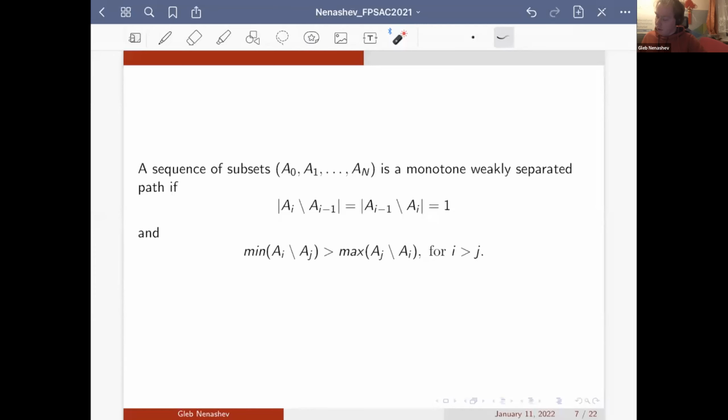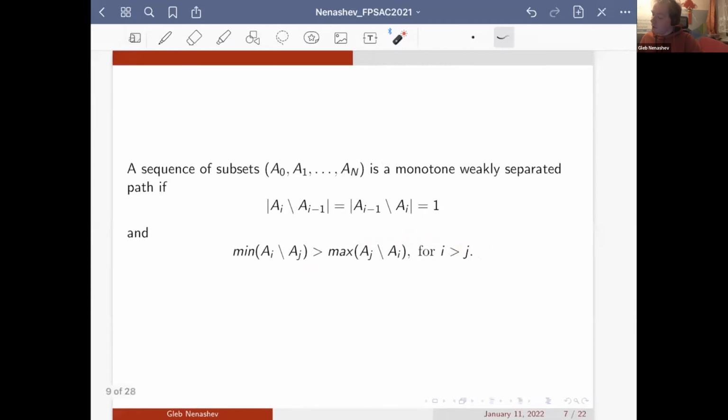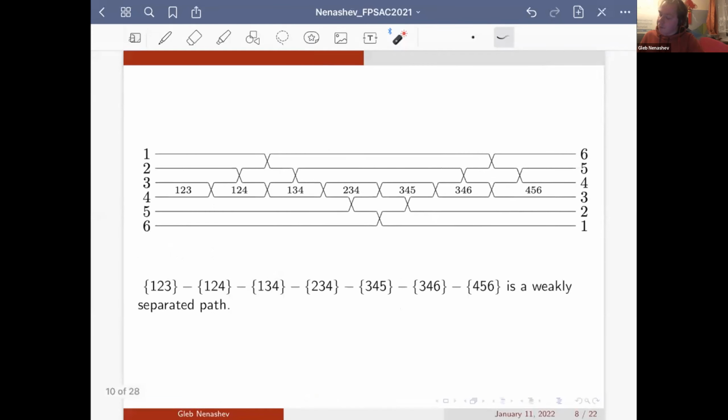And also we need that the minimal element of the set AI minus AJ is at least the maximal element of the set AJ minus AI. Okay, and here is an example of a weakly separated path. It's exactly these sets.